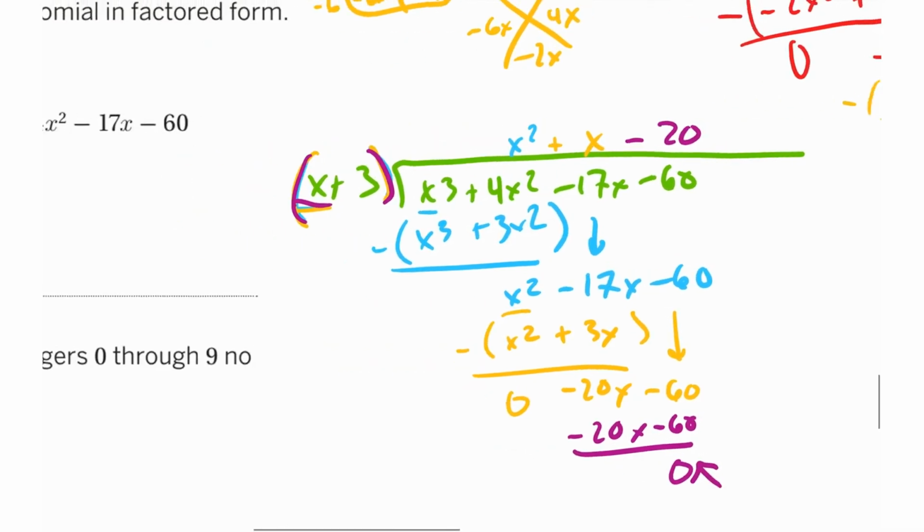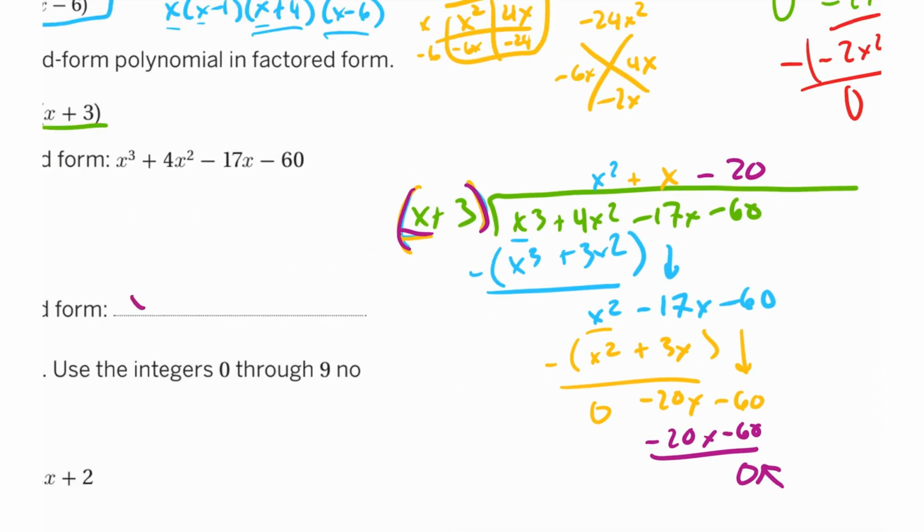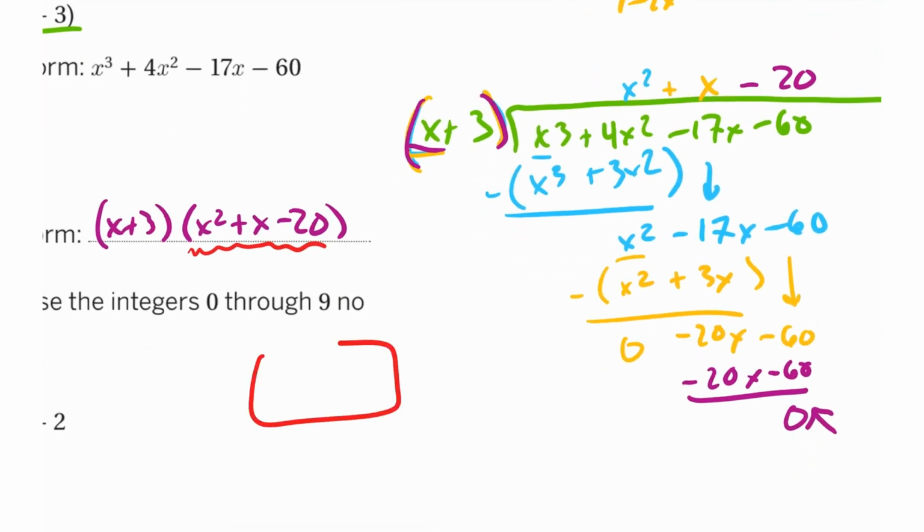So now I am at x plus 3 in parentheses, x squared plus x minus 20. And now I'm going to check to see, can I factor that term using the diamond and box? So box here, first term, first box, last term, last box.